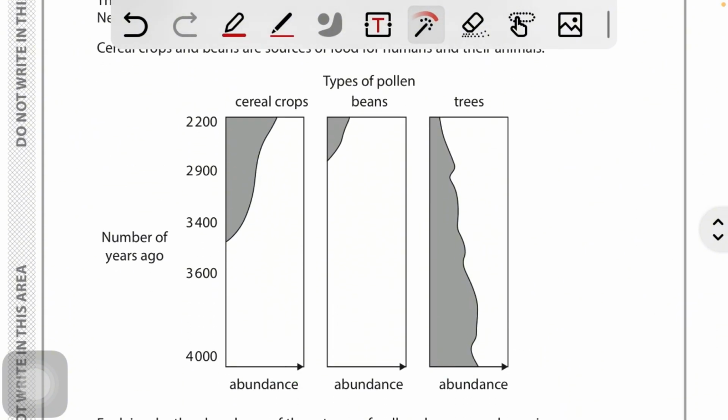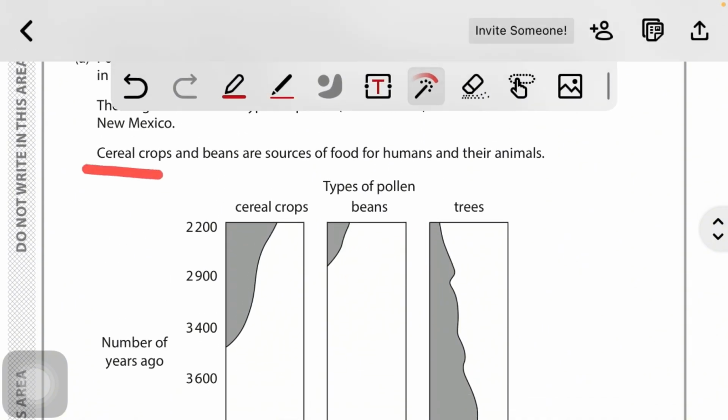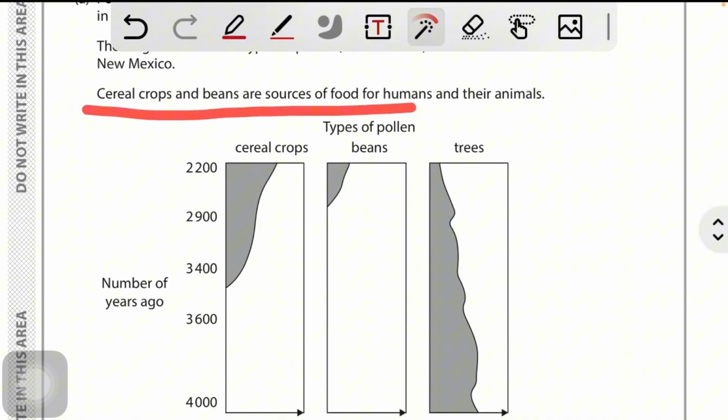So why does the abundance of this pollen change over time? You can see that it is written here that cereal and beans are a source of food for humans and their animals.